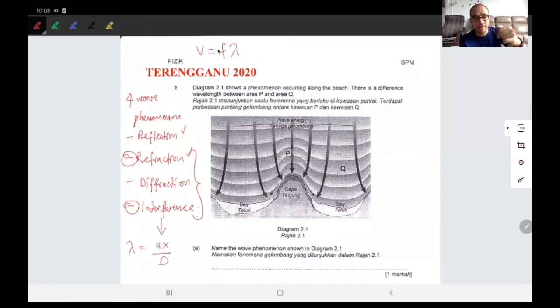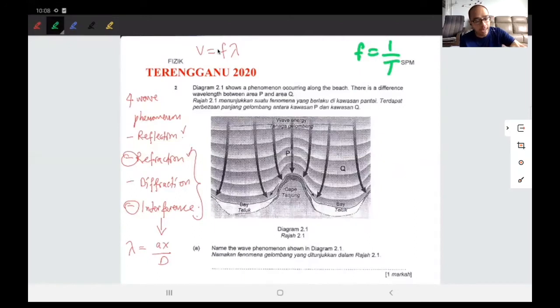But there are some who insist the third formula is F equals to 1 over T, which is 1 over period. Can, if you want.